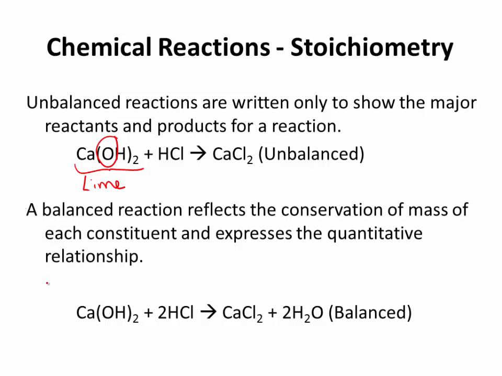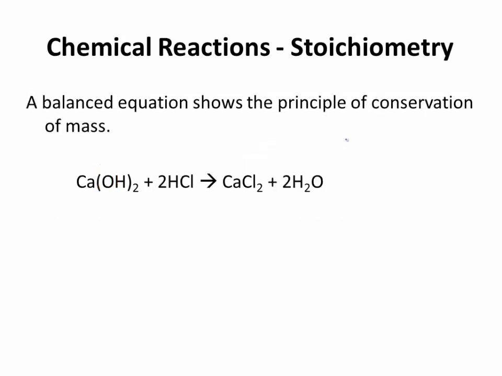A balanced reaction reflects the conservation of mass for each constituent and expresses the quantitative relationship. For instance, the same chemical reaction written in a balanced form shows lime reacting with hydrochloric acid to yield calcium chloride and water. A balanced chemical reaction shows the principle of conservation of mass.